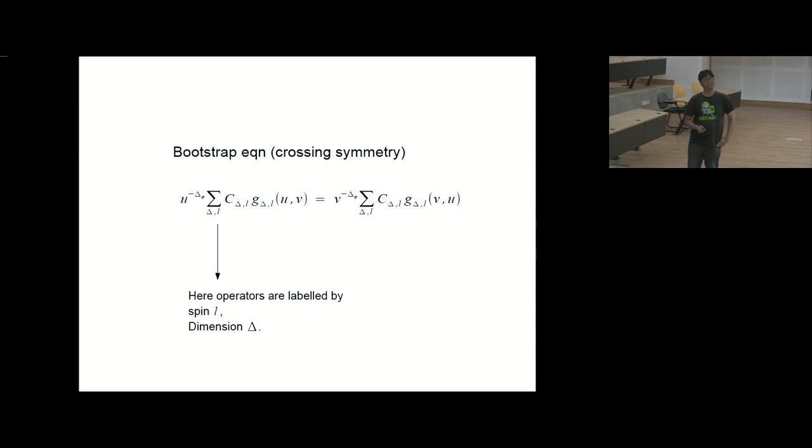And just to remind you, in this expansion, I have labeled my operators in the sum in terms of the dimension delta and the spin L. So let me write down a few things.